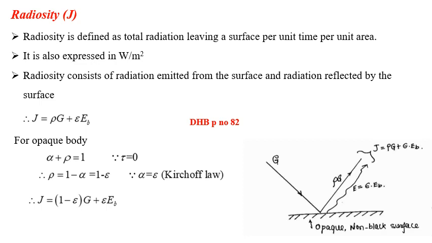Therefore J is equal to 1 minus emissivity into G plus emissivity into EB. So G is equal to J minus emissivity into EB divided by 1 minus emissivity. I hope you understood this.